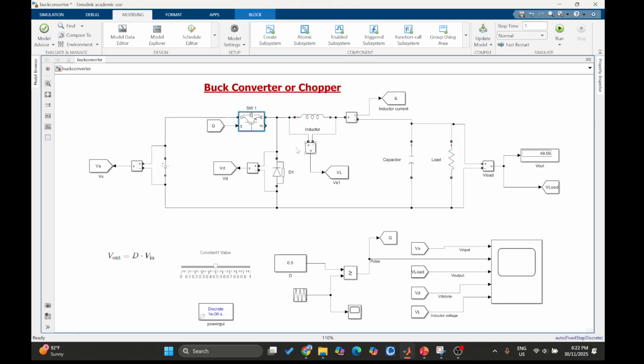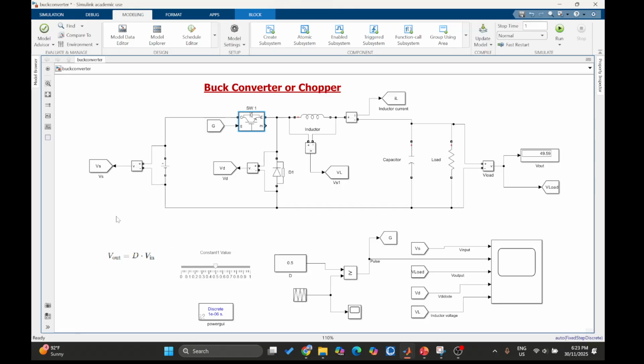This forces the diode to turn on, giving the current path through the diode and inductor. Now the voltage across the inductor will be negative Vout, and the capacitor filters the triangular inductor current. It fills in the gap during off time and absorbs the peak during on time, and the result is a nearly steady DC output voltage.